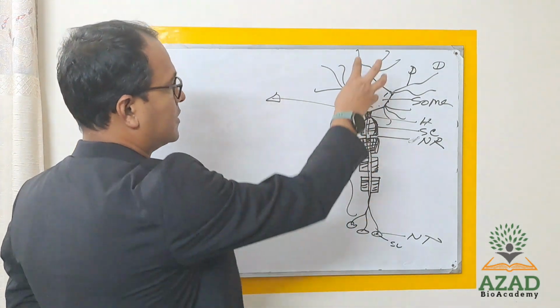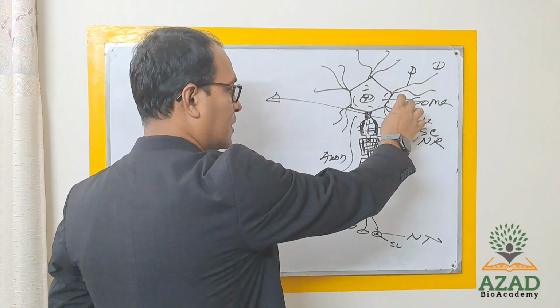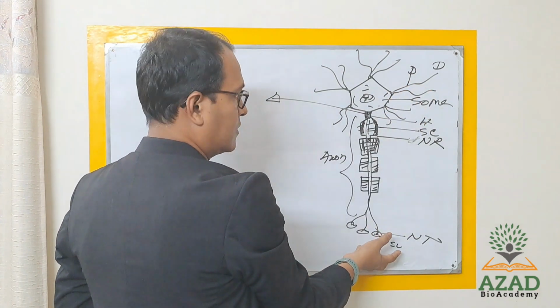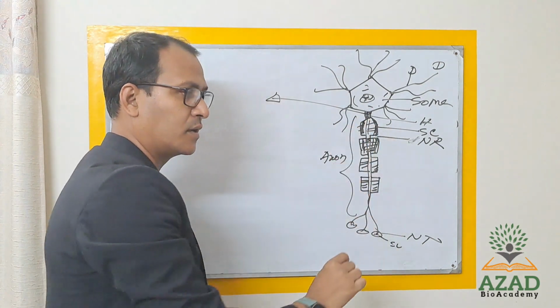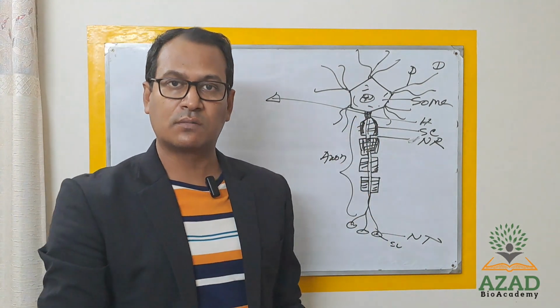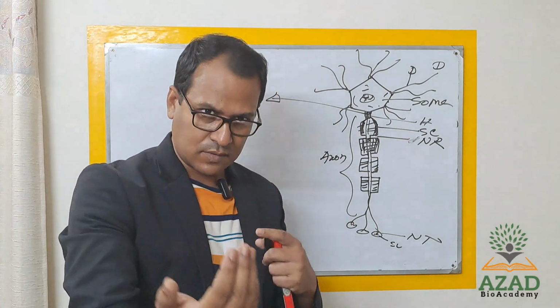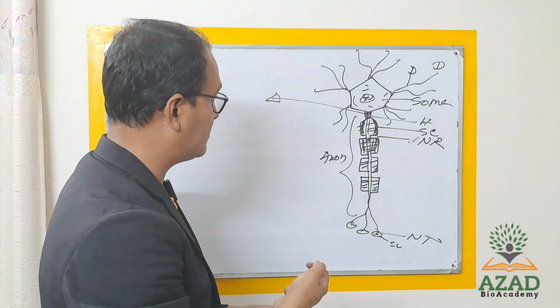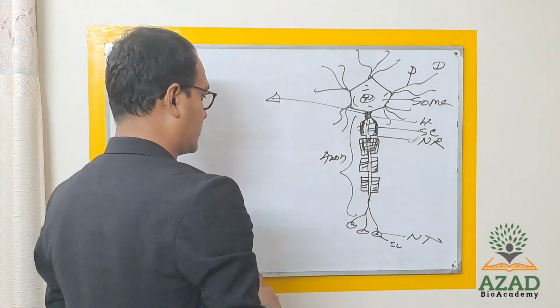Already I said ligand-gated ion channels are very prominent in the dendrite and soma and also in the nerve terminal. But the node of Ranvier is basically rich in voltage-gated sodium and also voltage-gated potassium, and some pumps are there, but voltage-gated sodium is very prominent.